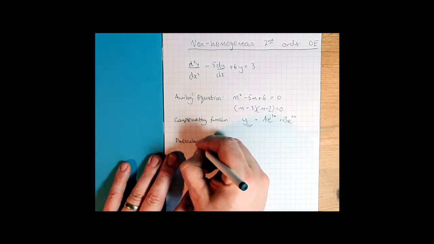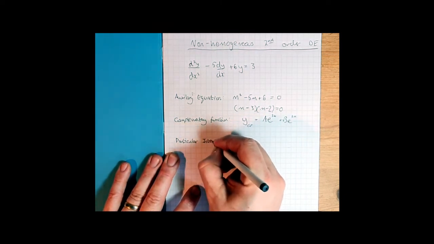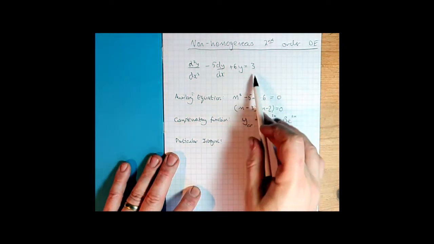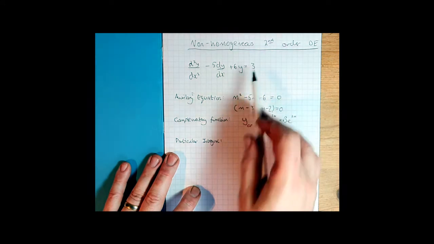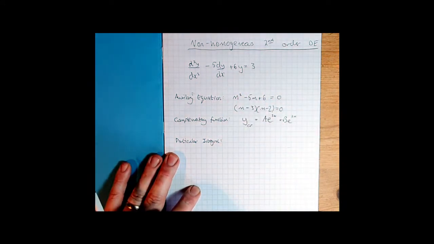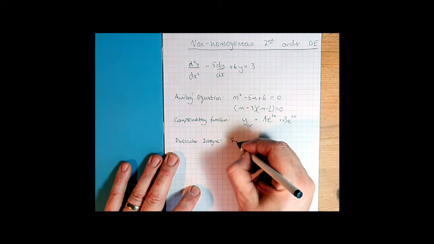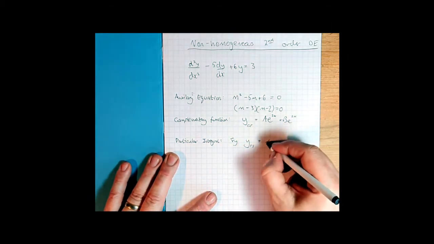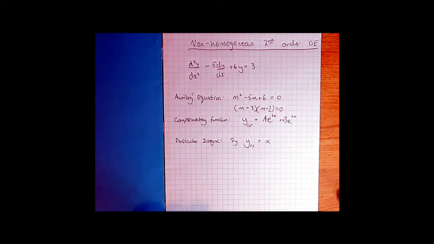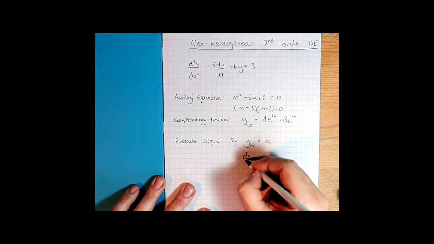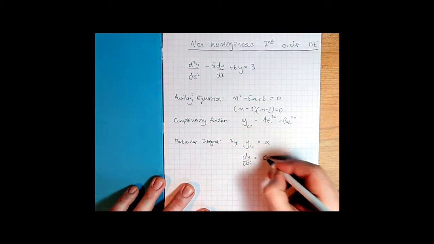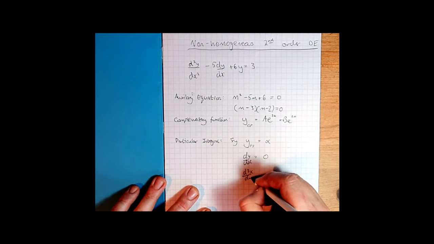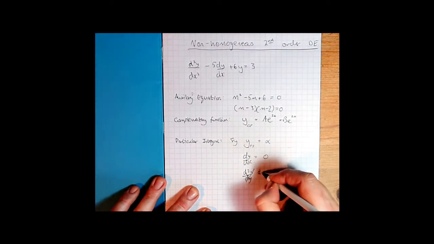It's called the particular integral. What function of y do I need to try so that when I sub in I get 3? I'm going to try some constant alpha. So I differentiate, of course I get 0, differentiate again, 0.